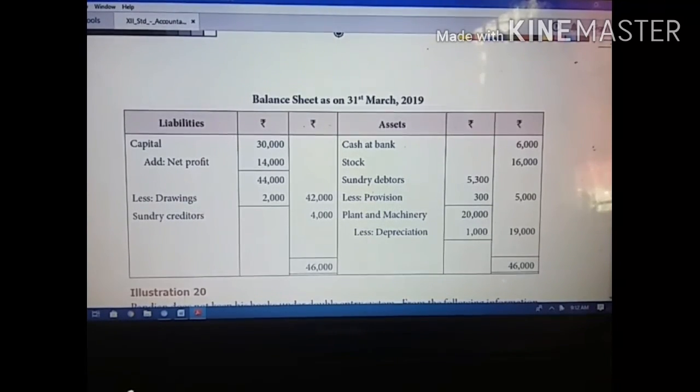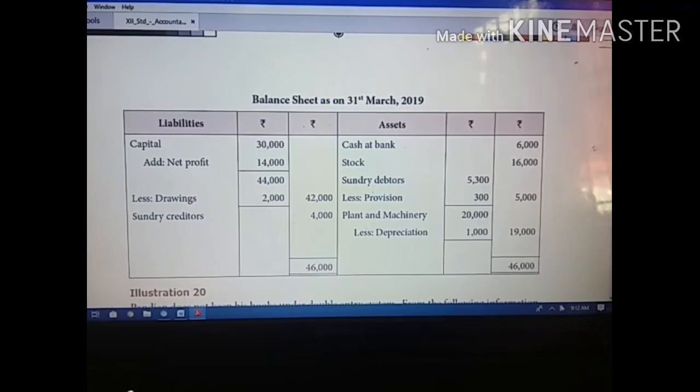So for all the assets and liabilities, you only have to write the closing information. So cash at bank 6,000 I have to enter in the outer column. Stock is also 16,000, that also I have to post in the outer column. Debtors we have an adjustment, so I have to adjust the debtors in the inner column. 5,300 is the debtor, so for that we have to minus the provision, because doubtful debt is a loss, so you have to minus this loss from the asset side.